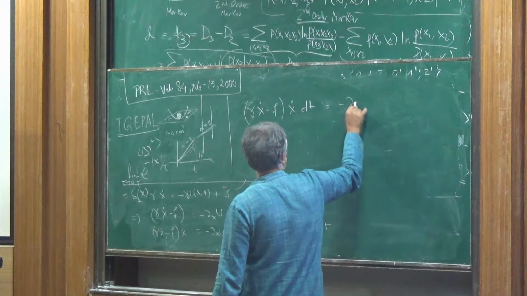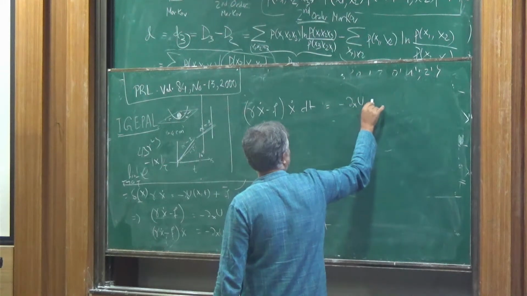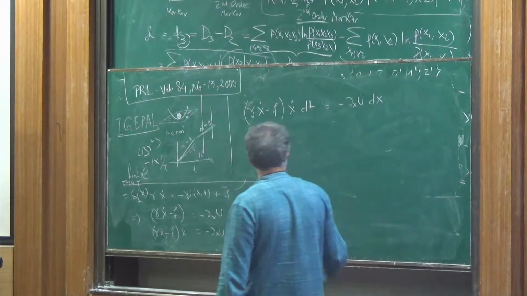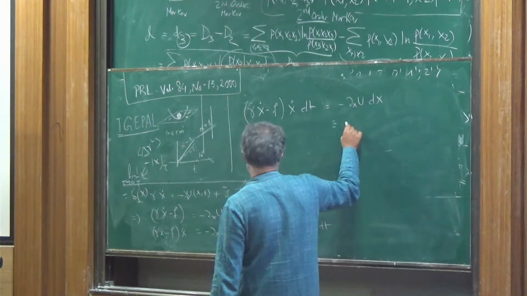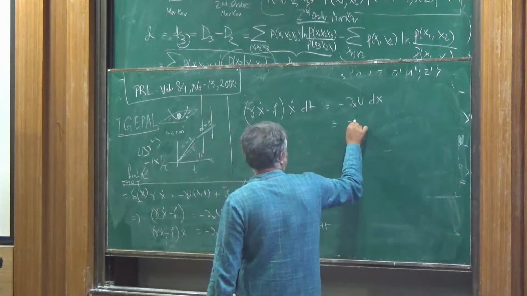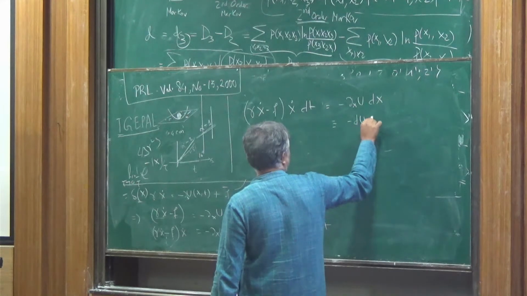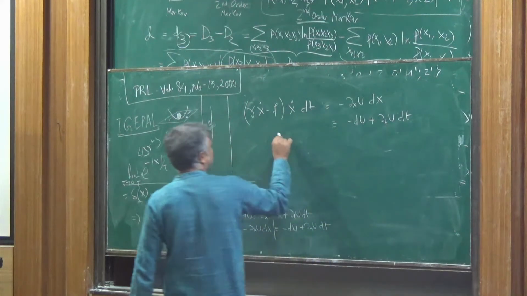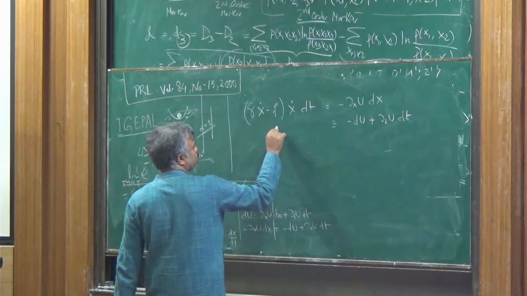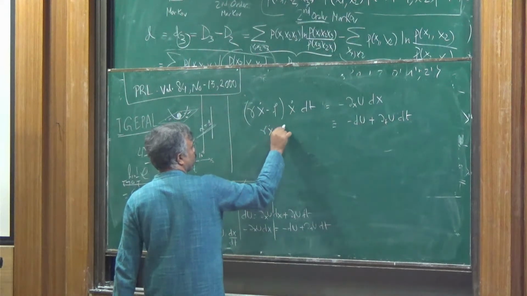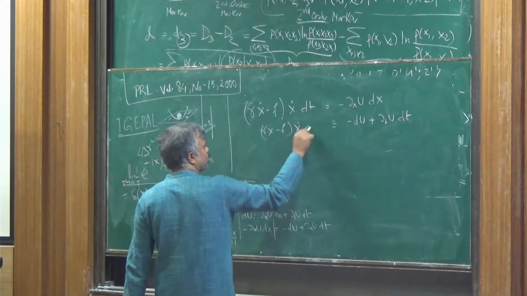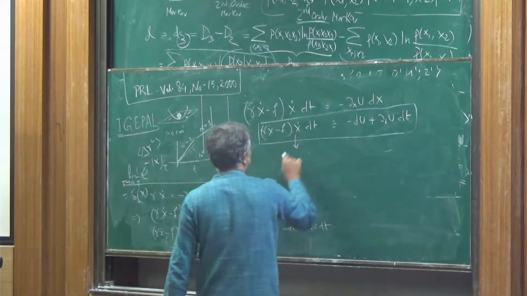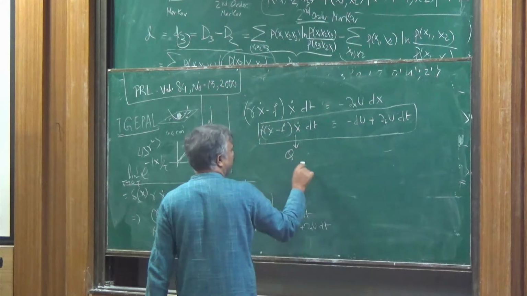Del u, del x, this will be my heat per unit time.